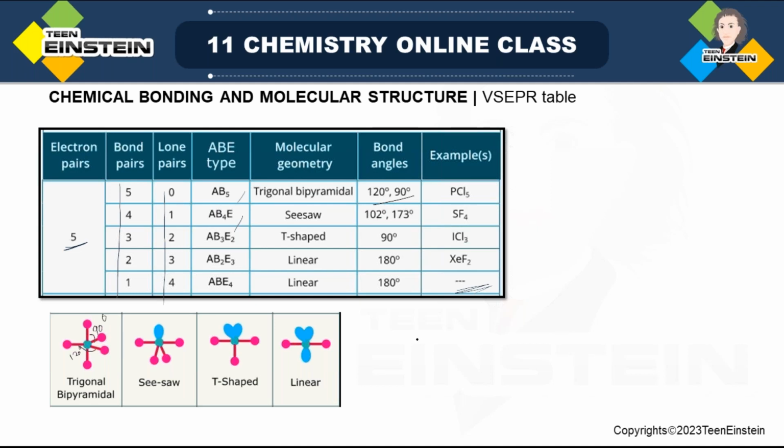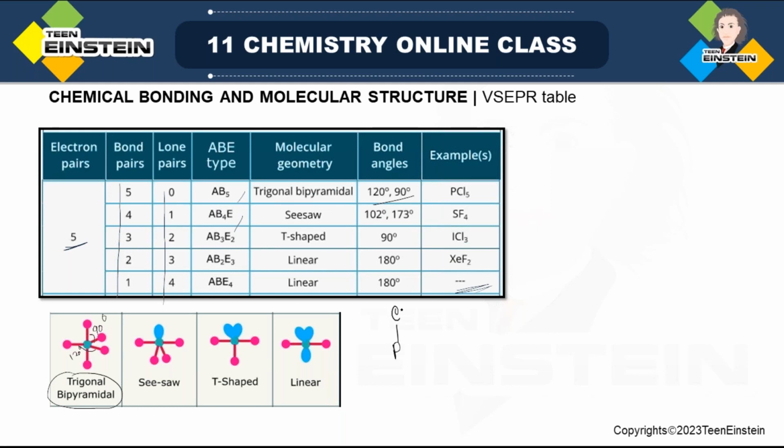Next come to the AB4E type, which is basically a case under trigonal bipyramidal. From trigonal bipyramidal, if you remove one position, the remaining shape will be seesaw. Now seesaw, let me draw it here.